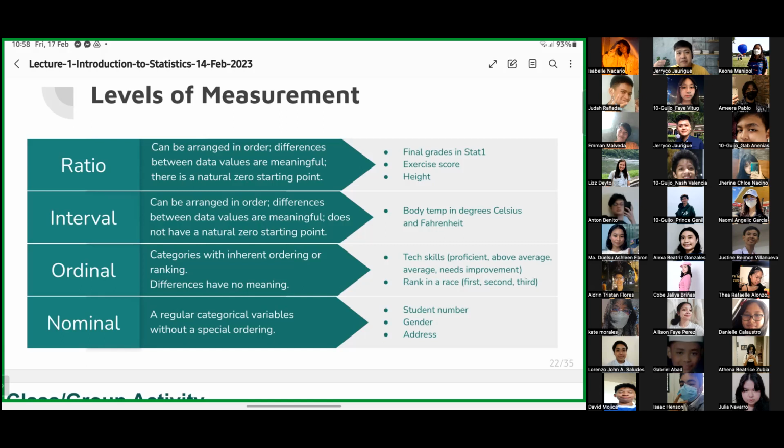At the same time, we know the specific differences between each category. For example, anong difference between 1 o'clock and 2:30? So distinct yung differences. However, it lacks the zero starting point. In fact, it's in a loop. So hindi siya pupunta sa ratio. Okay ba 'yon?